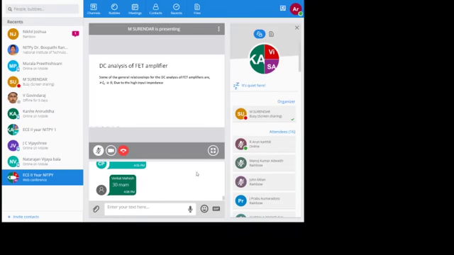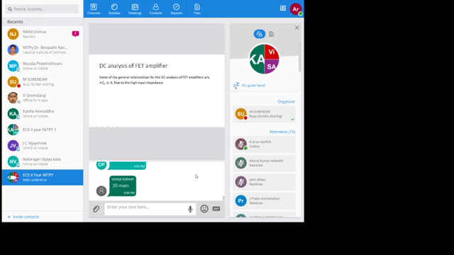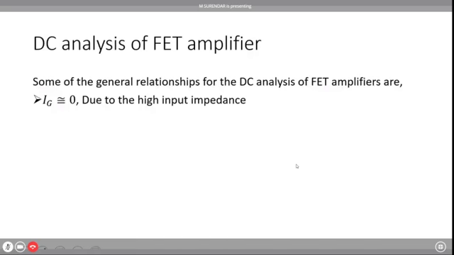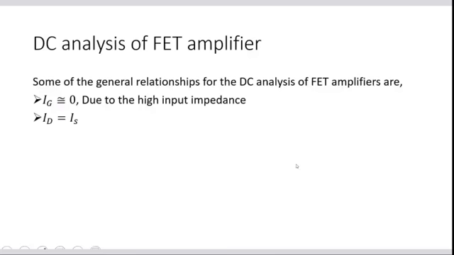That is the reason the gate current IG is approximated to 0. Here the drain current is almost equal to the source current. This is similar to what we have seen in the BJT, where the collector current is approximately equal to the emitter current. In the same way, here the drain current is equal to the source current.